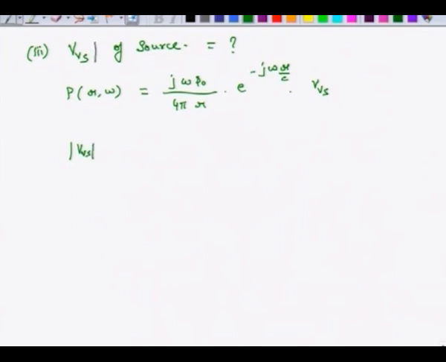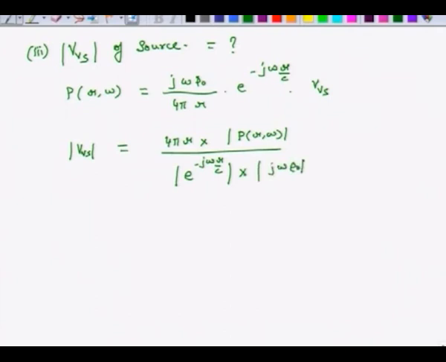So, I am interested in finding the magnitude of volume velocity. Magnitude of volume velocity equals 4 pi r times magnitude of pressure, divided by magnitude of e to the power of minus j omega r over C, times magnitude of j omega rho naught.